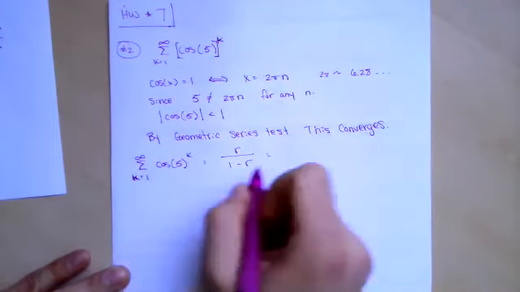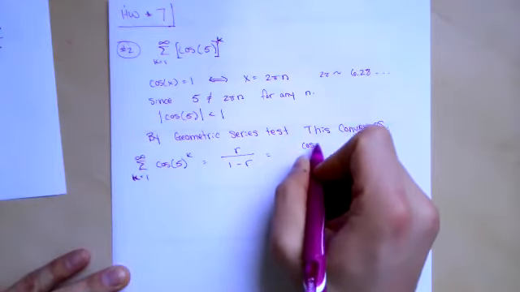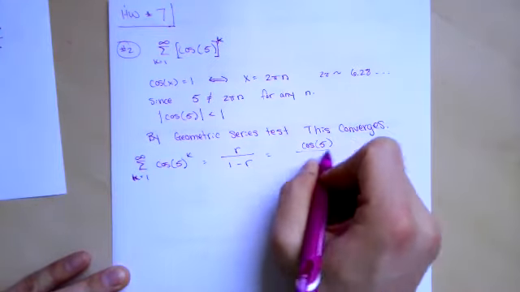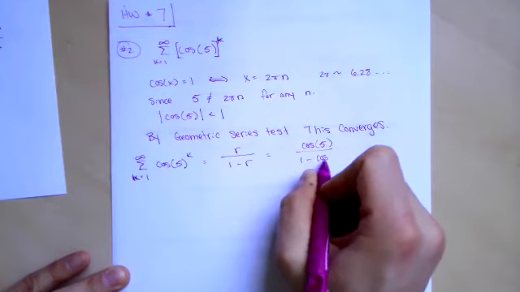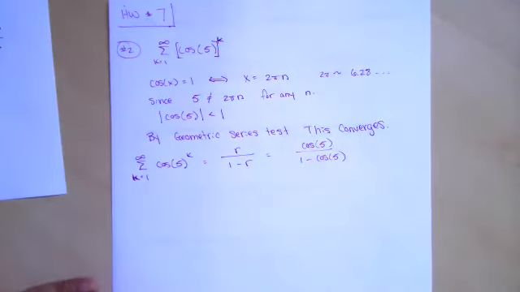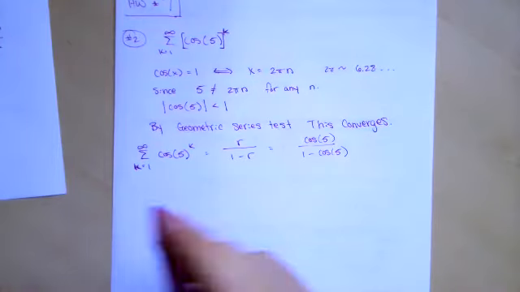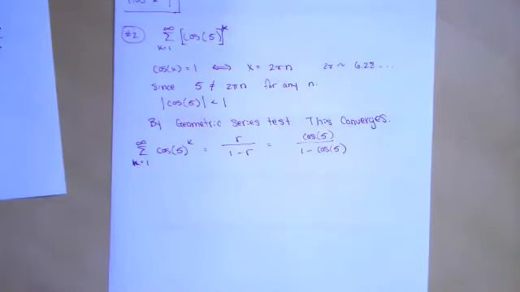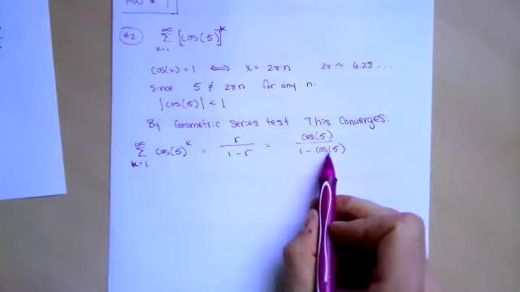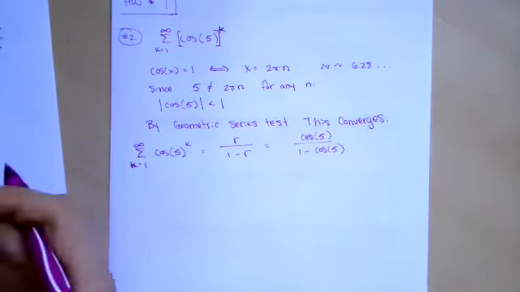And our r in this case is cosine of 5. And that's all we leave it as. If we don't use calculators, we can't compute cosine of 5. Cosine of 5 is just cosine of 5. And I know the denominator's not 0 because cosine of 5 wasn't 1.